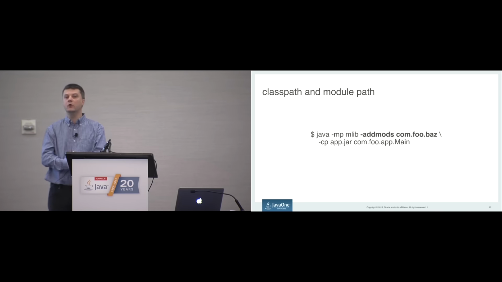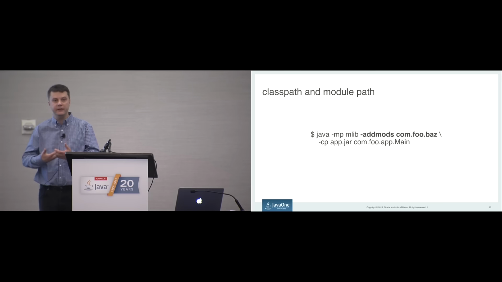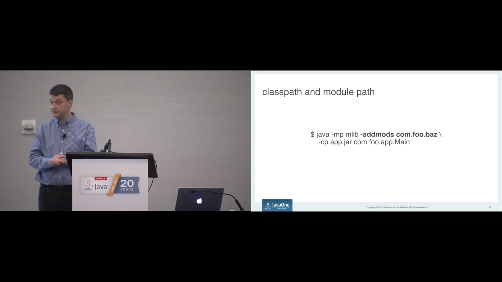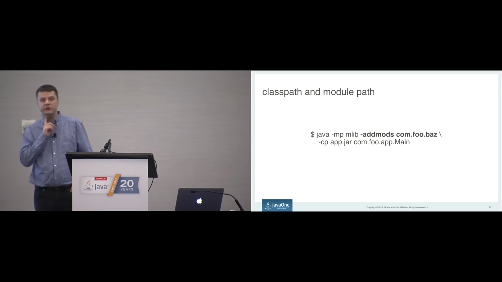This is also important for migration, because over time you would like to see the common libraries get migrated to modules, but the rest of the system hasn't been migrated yet. So I can continue to have the rest of the system on the class path as before, but anything that has been migrated to modules, I can have on the module path. Now, this requires a little bit of thought because I'm not giving it an initial module.